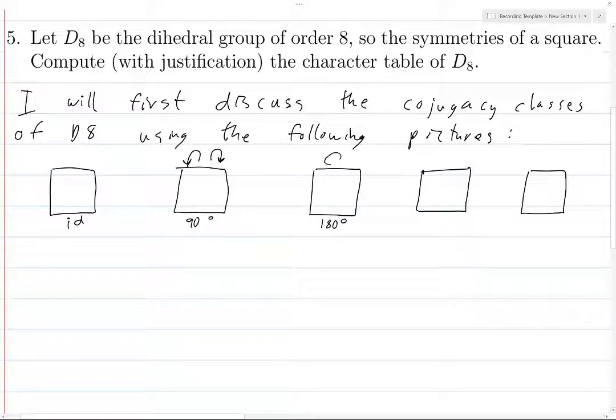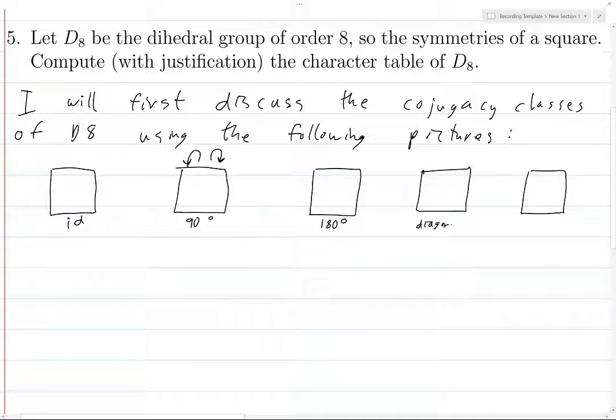We'll just draw it going. Actually, it doesn't really matter because wherever you start, you just flip it 180 degrees, and if you do that twice, you end up back where you were. So that's the only thing there is. That's the only element of this conjugacy class.